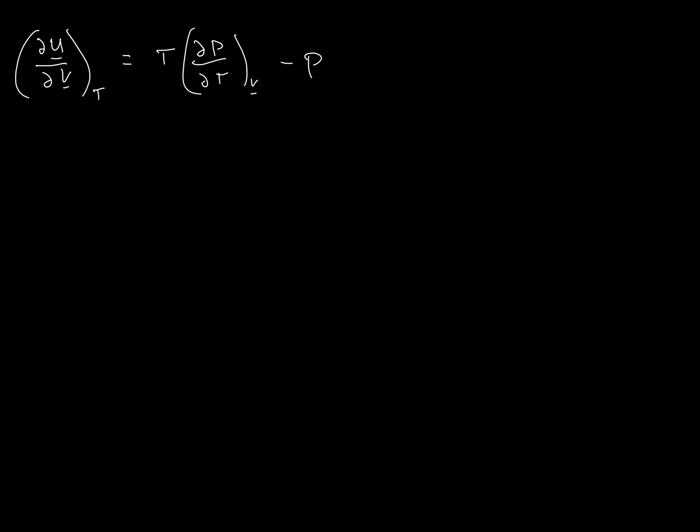So if we crunch the numbers, we know that P is equal to RT over V minus b. If we evaluate this expression for the van der Waals equation of state, we should get a familiar conclusion.